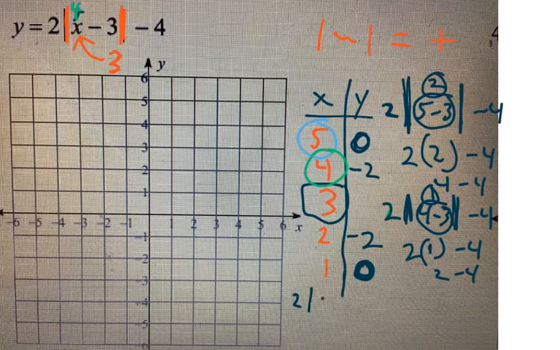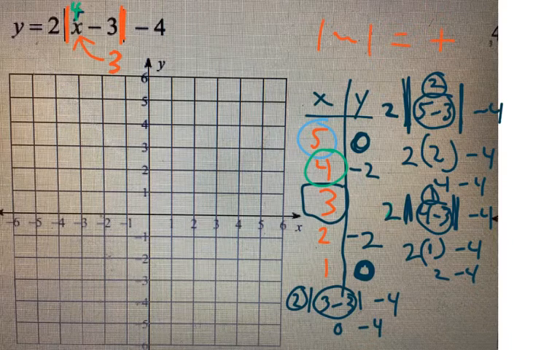So when I plug in 3, we already know 3 minus 3 is 0. And 2 times 0 is simply 0. Minus 4 is negative 4. And now all I have to do is graph my function. 5 is 0. 4 is negative 2. 3 is negative 4. 2 is negative 2. 1 is 0.